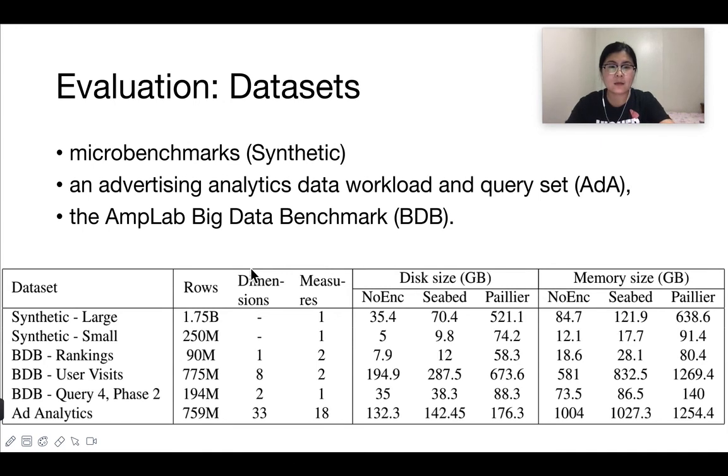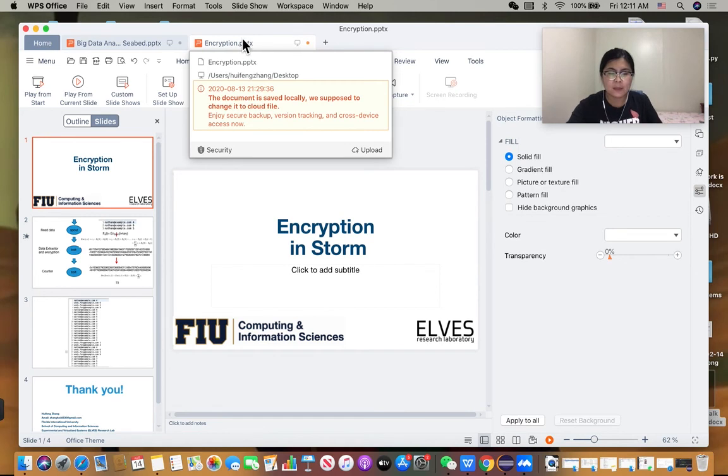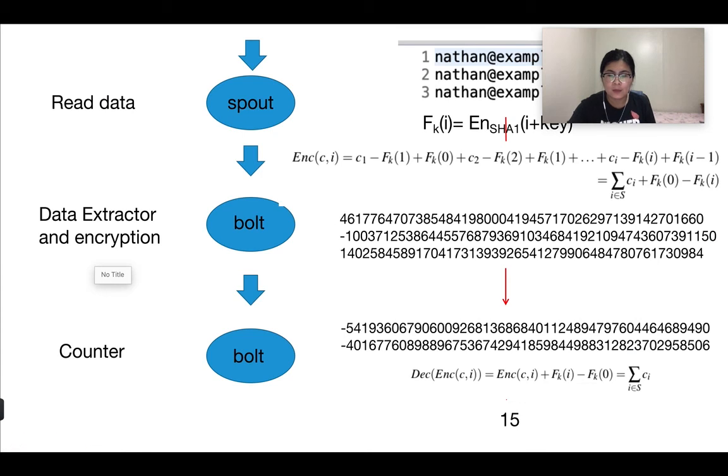Now let's take a look at the implementation of this encryption algorithm in Storm. We use GitHub commit count data. We need to construct a topology. This is a simple topology. The spout reads the data and emits each tuple downstream.